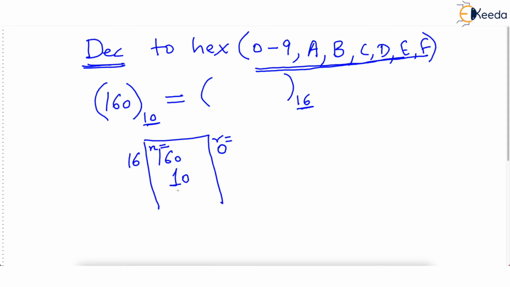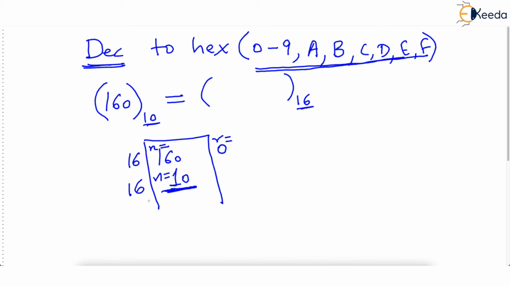Now the 10, the quotient that we have got, we are going to call this n again. So we say the number given was 160, but now it has changed to 10. And this new quotient, that is the new value of n, is again divided by 16. But now you see that division is not possible. Of course it is possible, but by putting a fraction point.